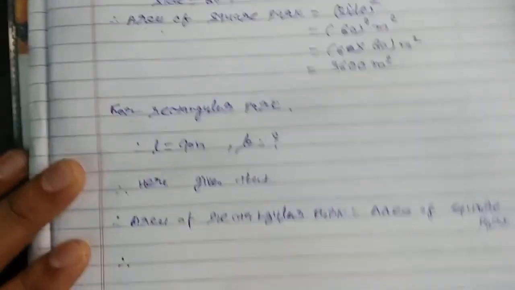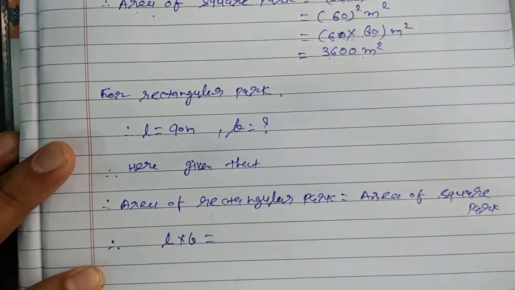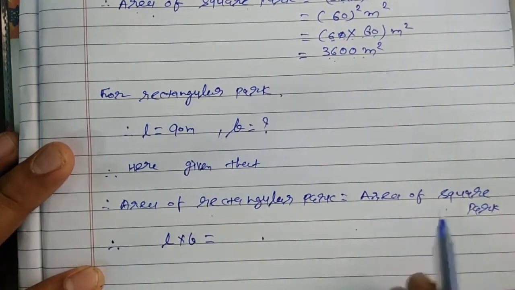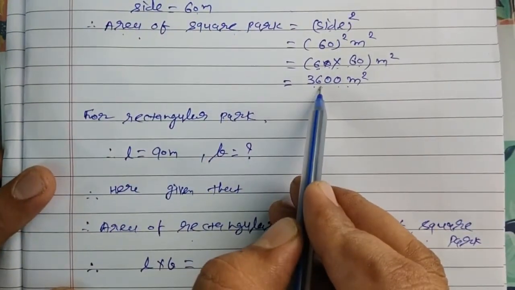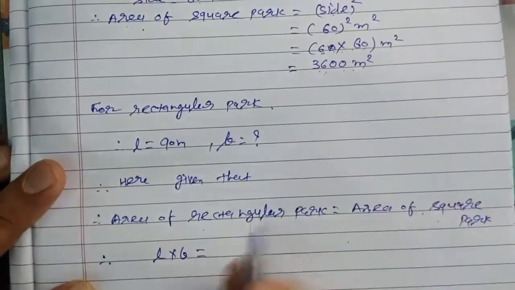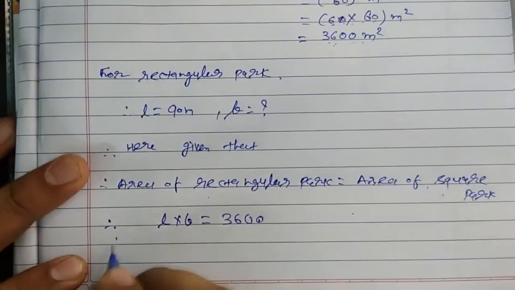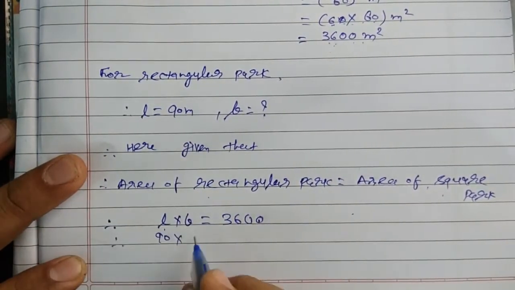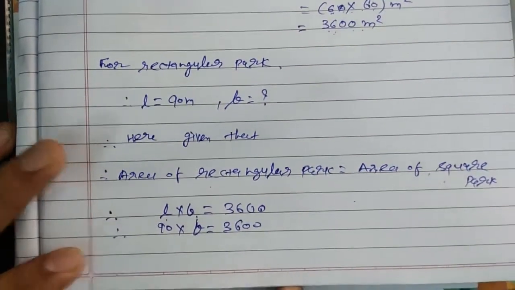Area of rectangular park is nothing but length multiplied by breadth, and for the area of square park, here we do not have to write side square as we have already found the area of the square park, that is 3600. Length we have, that is 90 meter, so here we will write 90, and breadth, which we have to find, so here we will write B, that is equal to 3600.